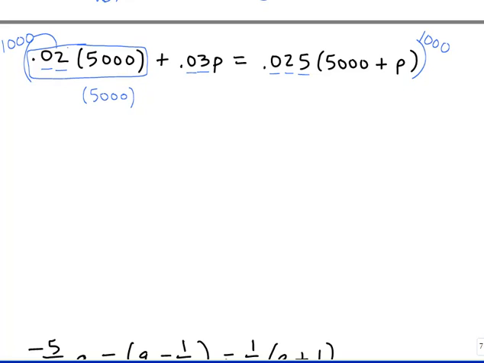One common mistake that I see is students will take this 0.02 times 1,000, but then they'll also multiply the 5,000 times 1,000. And that would be incorrect because then you're multiplying by 1,000 times 1,000 or 1,000,000. You're multiplying by too big of a number. So the key to remember here is just multiply the number in front by 1,000.